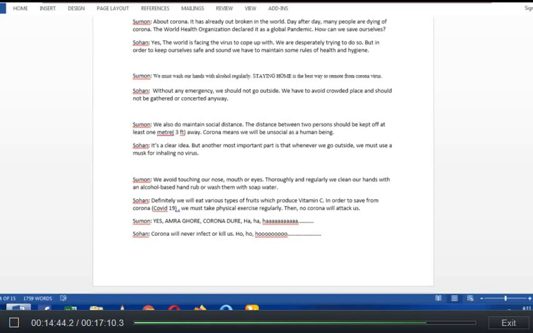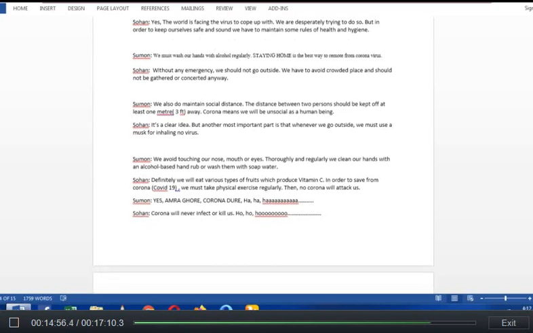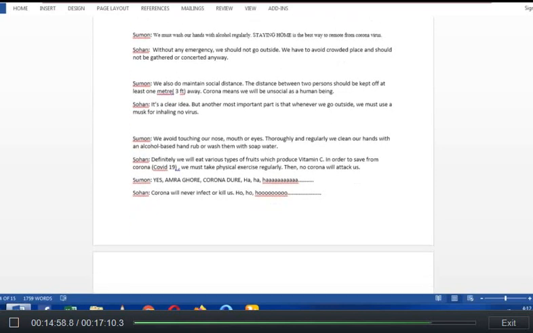Yes, without any emergency, we should not go outside. We have to avoid crowded places and should not gather anywhere. Okay, we also have to maintain social distance. The distance between two persons should be kept at least 1 meter. That means 3 feet away.